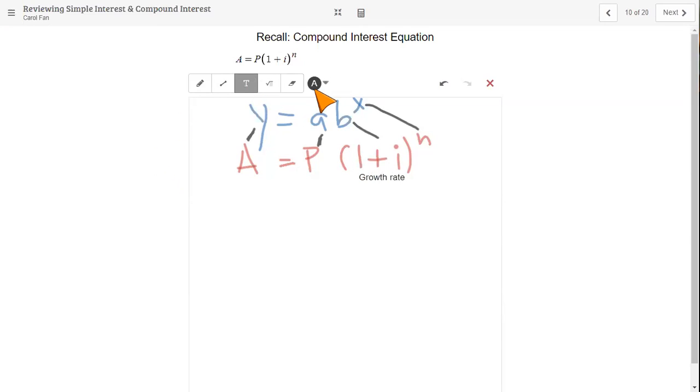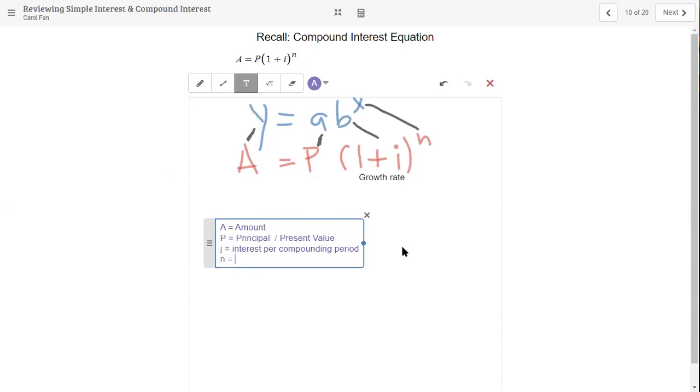Okay, so for each of these, let's define what our value is. We have A, which represents our final amount. P is our principal, and sometimes it's P for present value, so the amount that you have now. i is the interest per compounding period, and n is our total number of compounding periods.